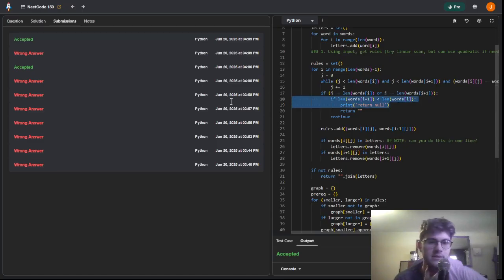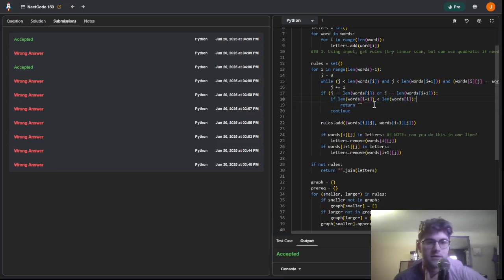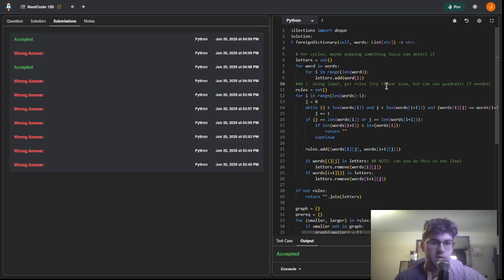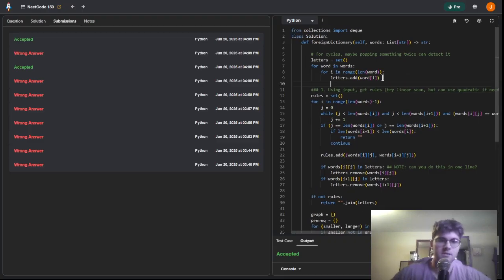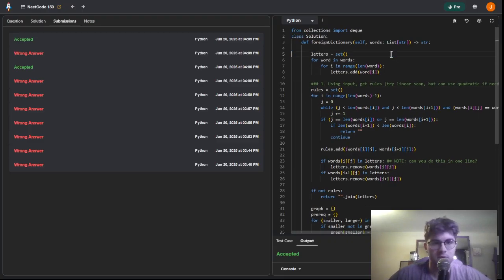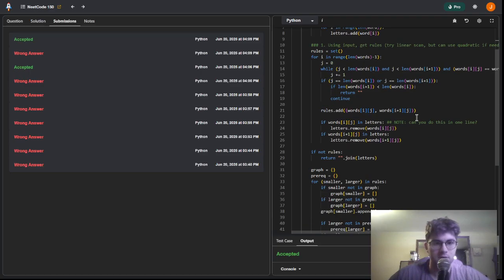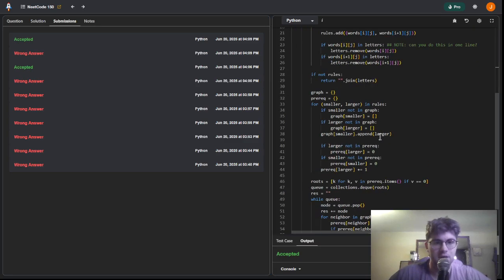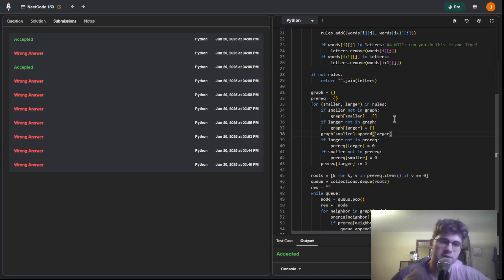I just don't like this. Yeah, I just hate this. I just hate this whole thing in general. Don't need that. Yeah, this part sucks. This part's fine for building the graph, I think.